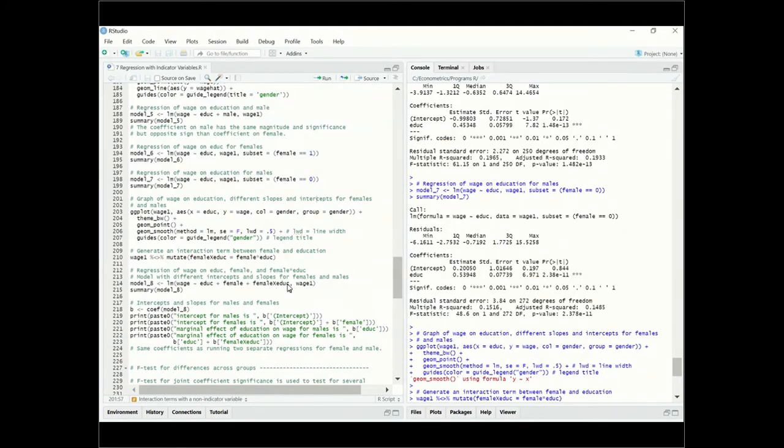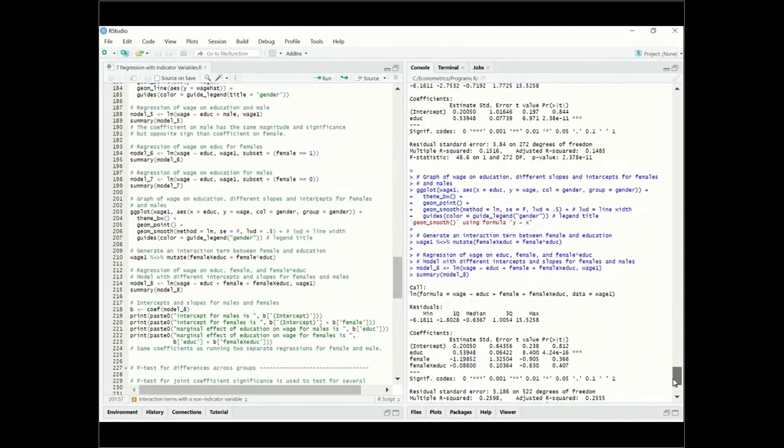And let's go ahead and summarize this model. Notice that these are the coefficients here. This is an intercept, and these are the coefficients on education. So if we look at this regression with wage, education, female, and the interaction term, notice that this is the intercept that we have in the regression for males, and this is exactly the coefficient that we have for education for males.